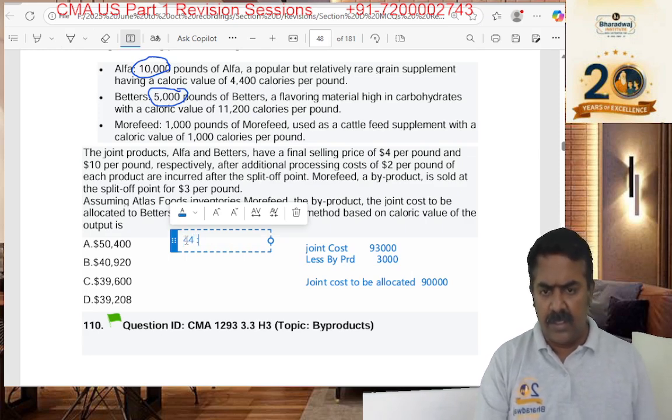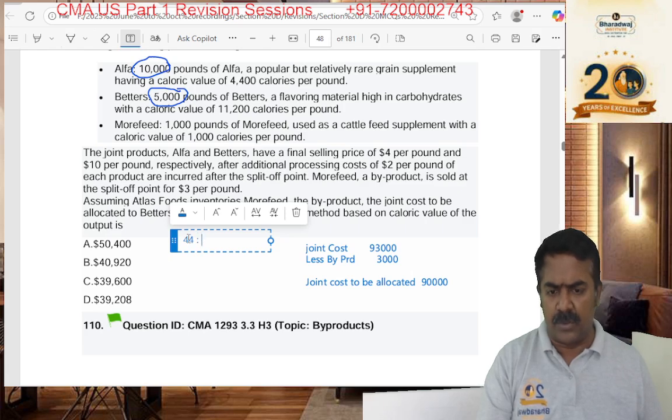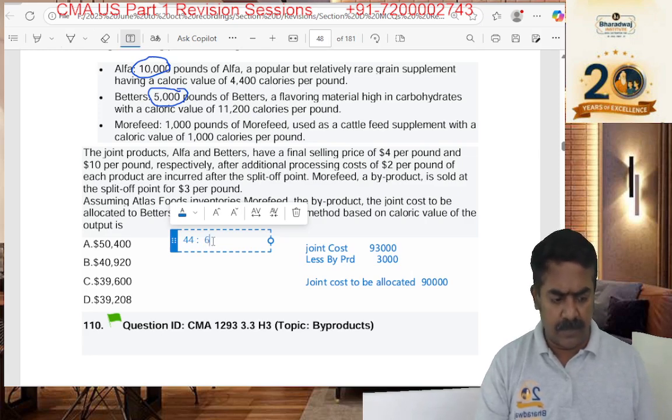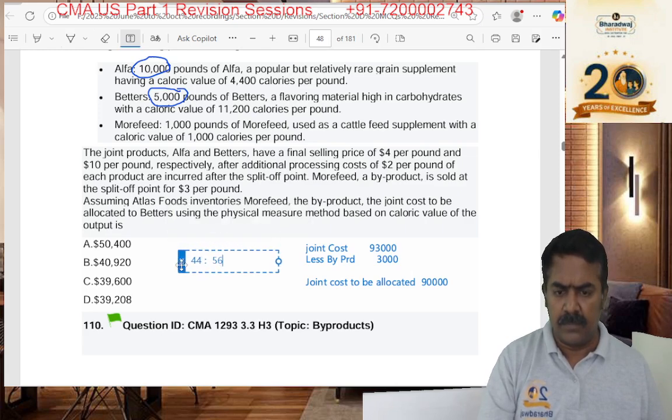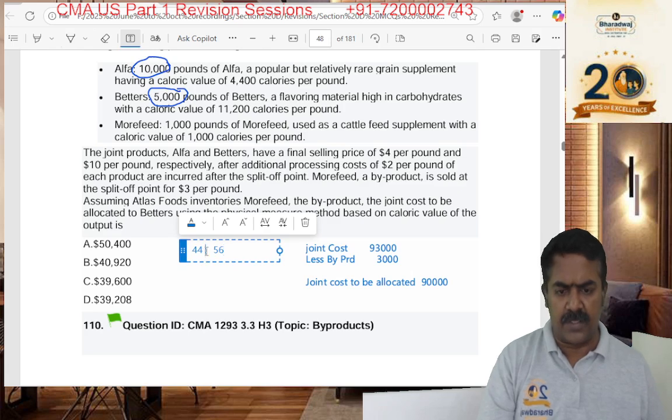The other will be 5,000 into 11,200, which is 56 lakhs approximately. So 44 is to 56 ratio.